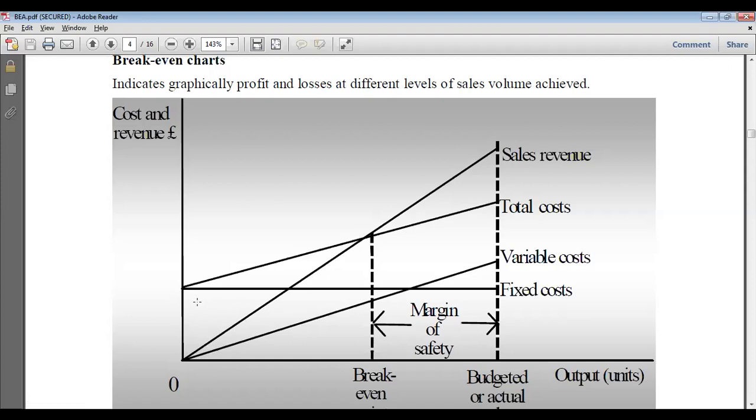This is depicted on the y-axis. So this line shows the total sales revenue generated. This line is a graph between money generated and number of products sold.